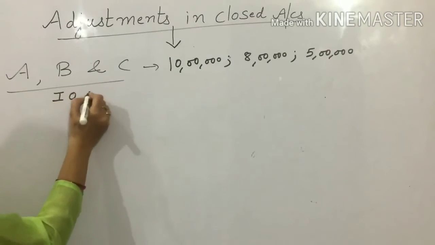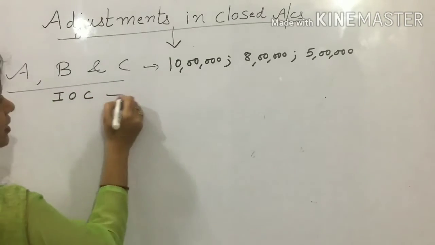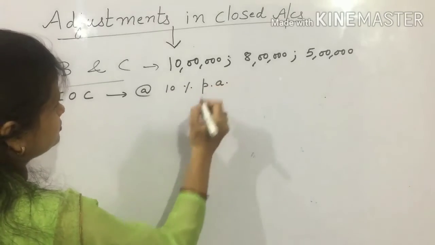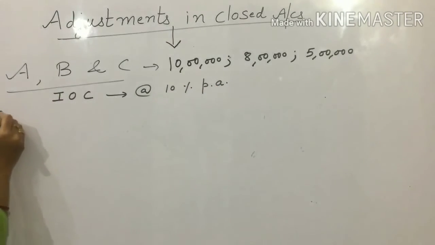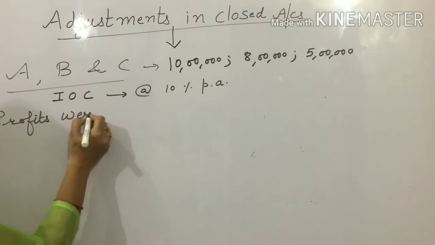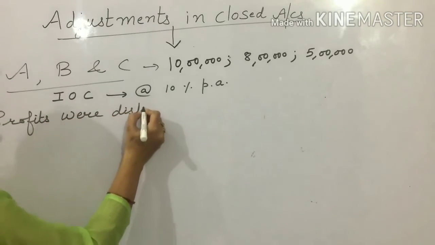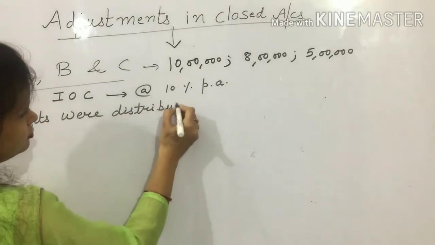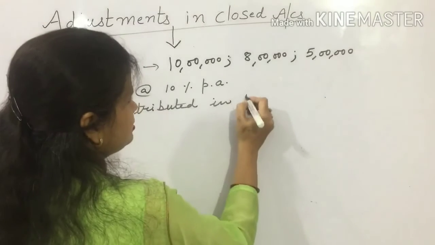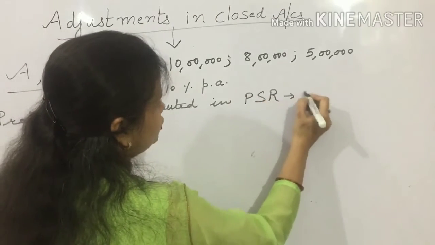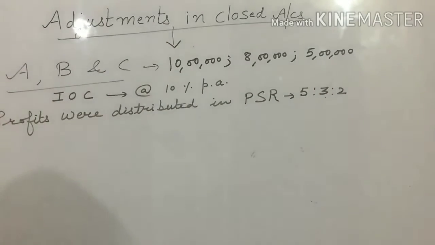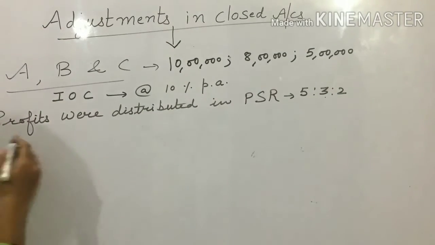They are to be given interest on capital at the rate 10% per annum. But profits were distributed in PSR, and suppose PSR is given to be 5:3:2 without providing for interest on capital.